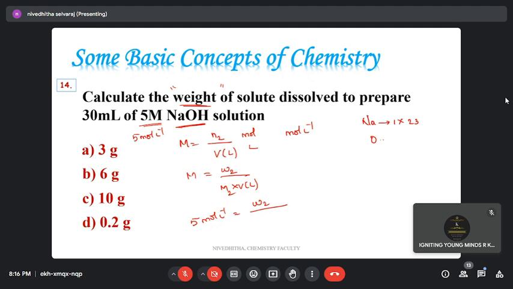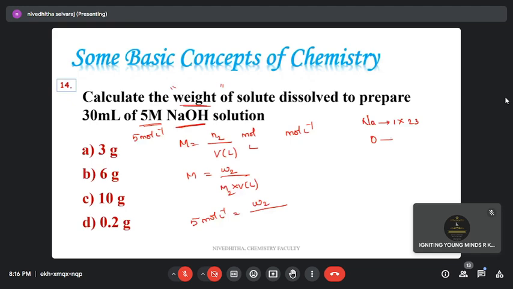We have only one oxygen whose atomic weight is 16. And we have only one hydrogen whose atomic weight is 1. So 23, 16 and 1. Right. So answer is 40. So molar mass of sodium hydroxide is 40 gram per mole.